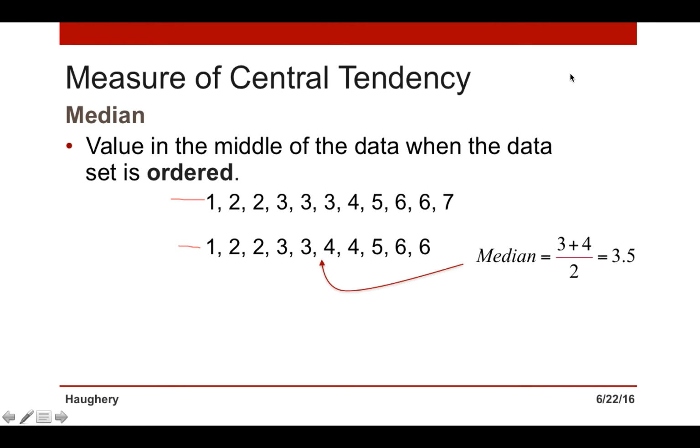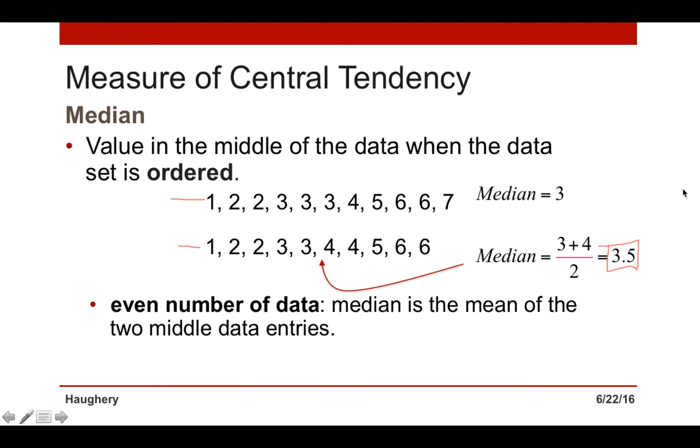If we have an even number, we take the middle two data values, add them together, divide by 2, and our median is halfway in between, or 3.5. With an odd number, it's easier. You just pick the actual middle number, and that's your median. So with an even number of data, the median is the average of the middle two data points.